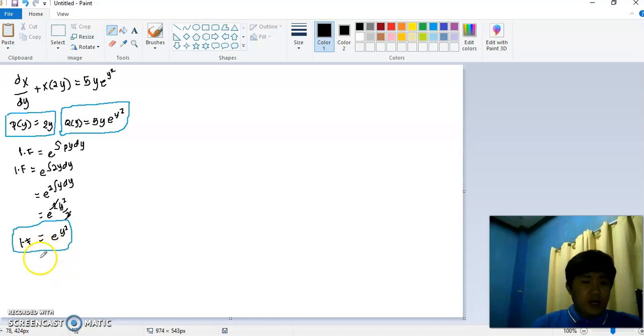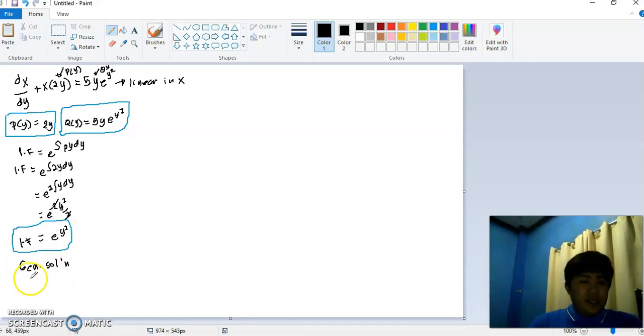So from there, we can now use the general solution. If you still remember the general solution for linear in x, because here we have dx over dy, and this is our p of y and this is our q of y.